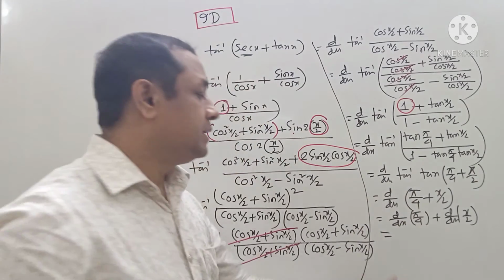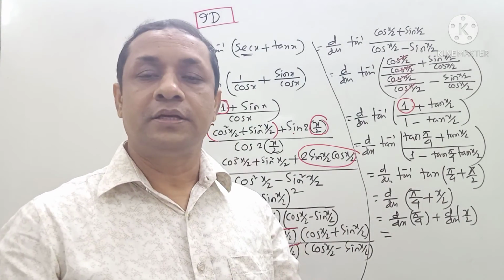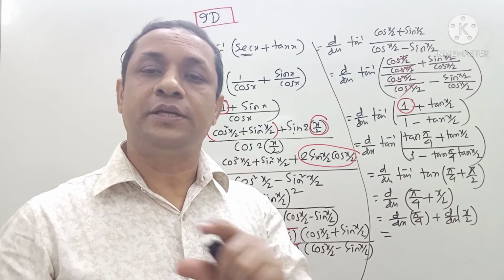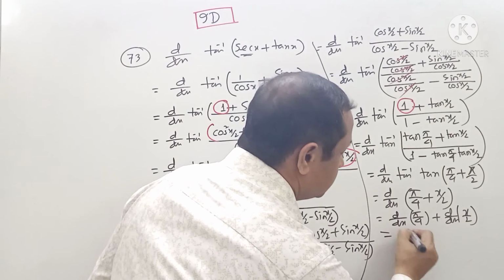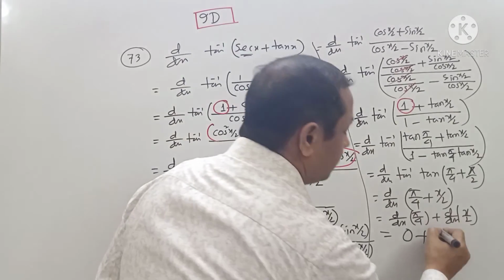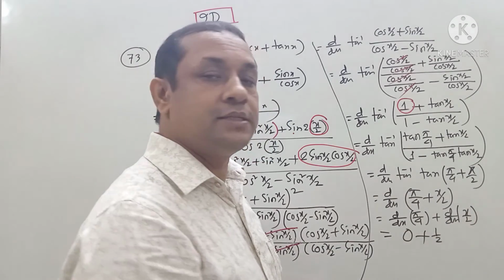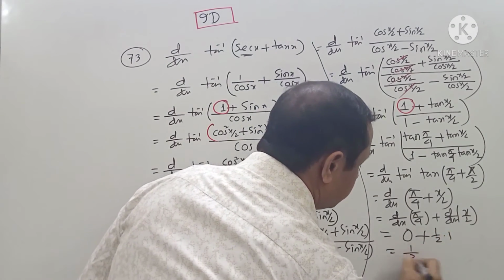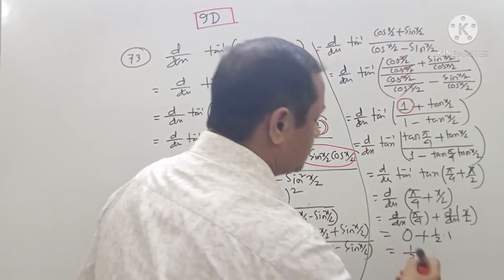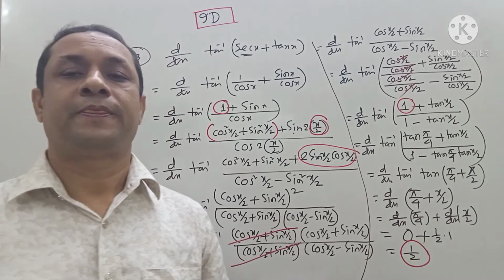We know that pi/4 is a constant, so d/dx of a constant equals 0. So d/dx of pi/4 equals 0. And here half is a constant, so take it to the first position, and d/dx of x is 1. So the result will be half.